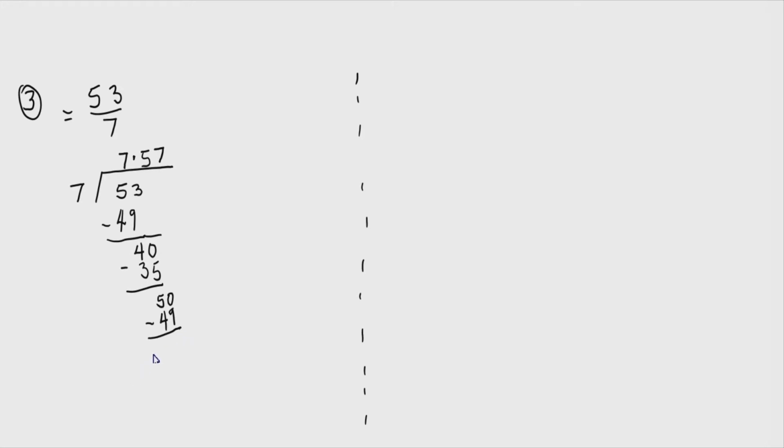It's kind of crooked. So we're going to have one left. Add a 0 to that. 7 and 10 is 1. 1 times 7 is 7. We'll have 3 left. And we can add another 0 to that. And 7 and 30.